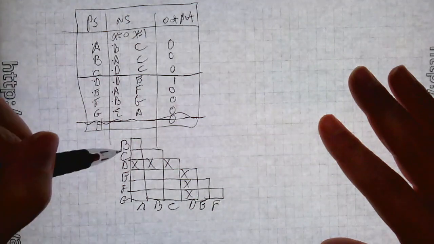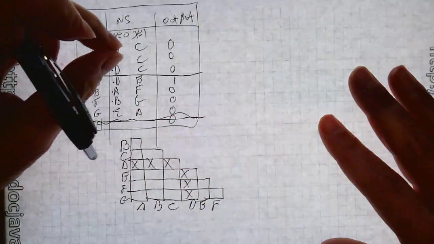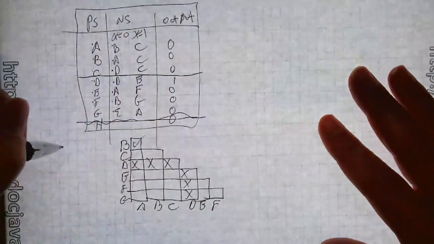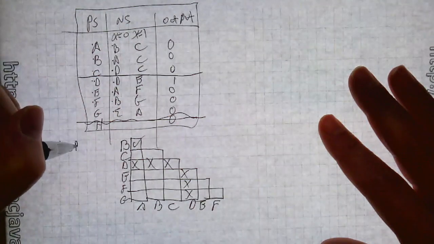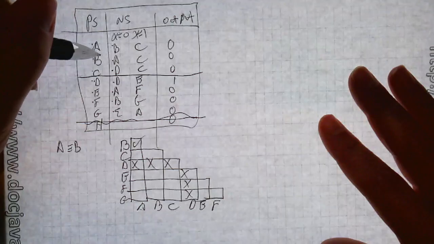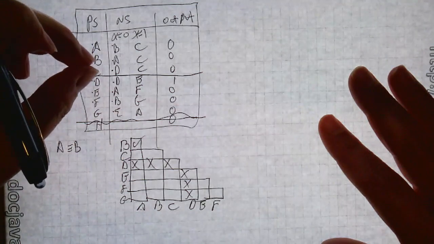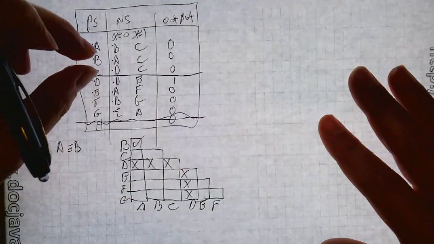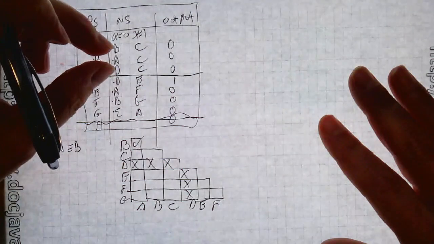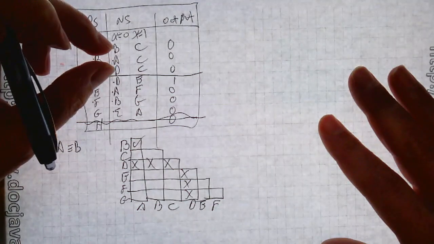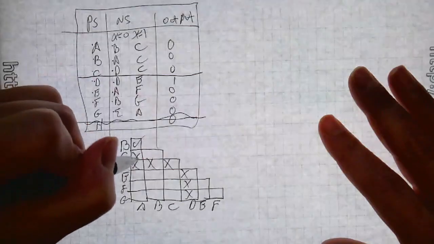Now let's compare A and B. And they're equal. So A is equivalent to B. Now let's compare A and C. And they're equal if B equals D. It does not, and therefore we put in an X.